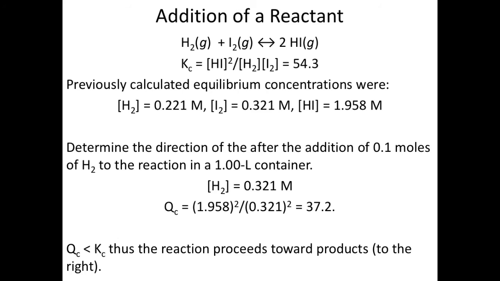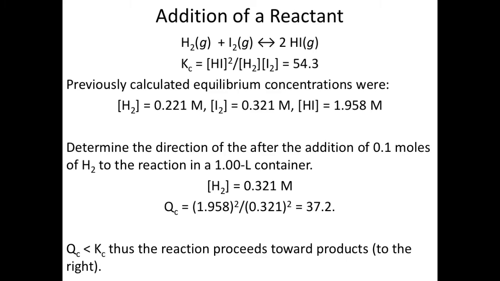In this problem, we're going to look at the addition of a reactant. I'll take hydrogen and react it with iodine to make 2 hydrogen iodides. The Kc is hydrogen iodide squared divided by hydrogen and iodine, and it's 54.3.